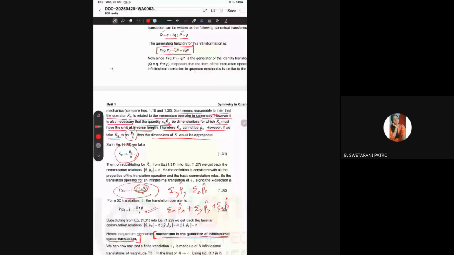Momentum is the generator of infinitesimal small space translation. What is Newton's law? Newton's law says an object will be at rest or move with constant speed until and unless a force is applied.